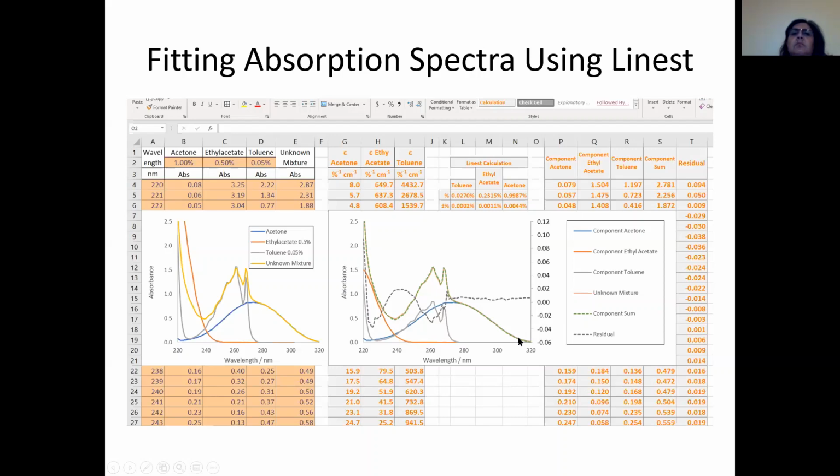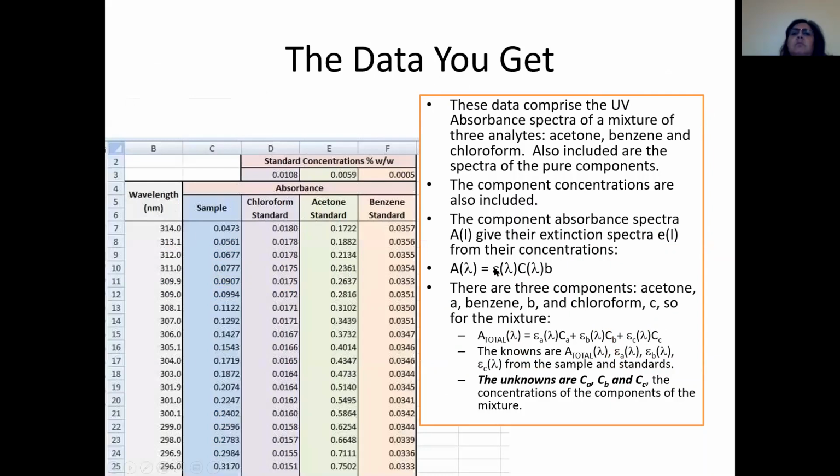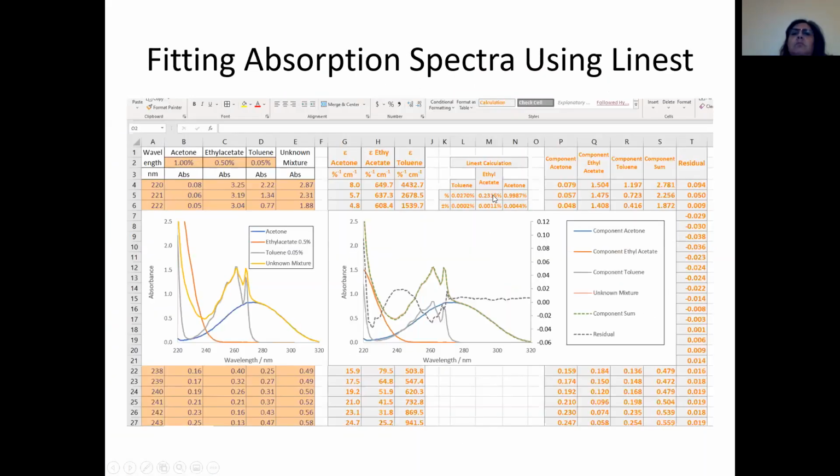So this is a greatly successful experiment. And we get 0.998% acetone, 0.3% ethyl acetate, and 0.027% toluene, right? These are not the concentrations of the standards, but they are multiples of these values, right?